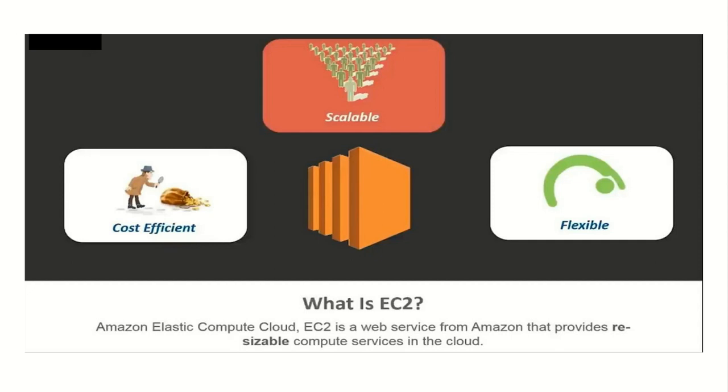So we are saving money, because apart from that there are burstable instances, and there are various pricing models that EC2 boasts of. We can actually save a lot of money as we move further.